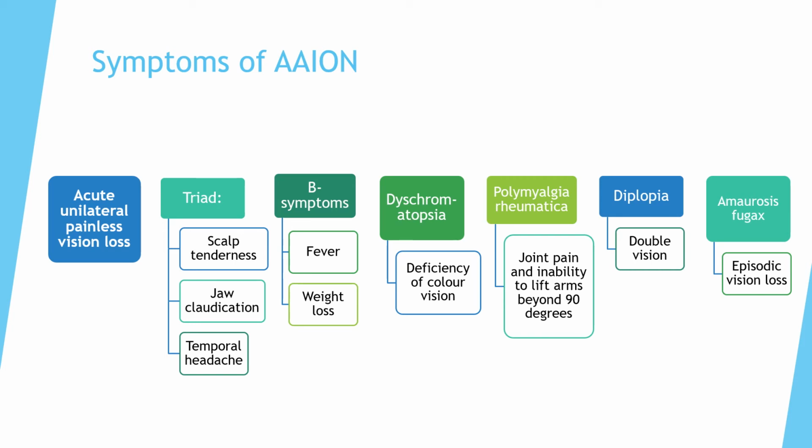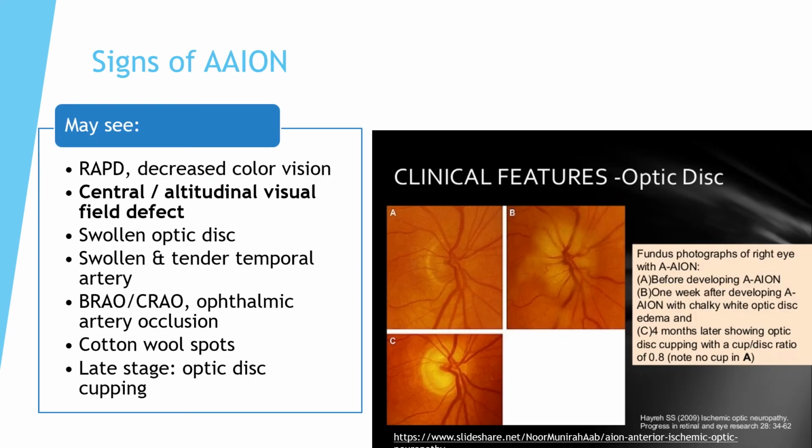The AAION, because it's unilateral, can also present with diplopia. And the history of transient vision loss needs to be ruled out because amaurosis fugax can accompany this disease as well. With AAION testing visual field, you'll notice that the patient often has central or altitudinal visual field defect.